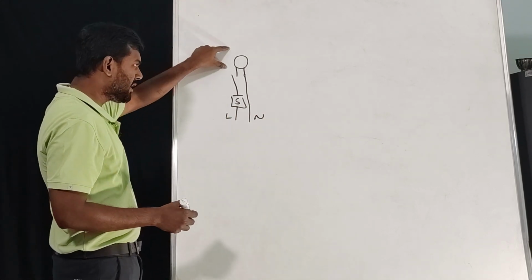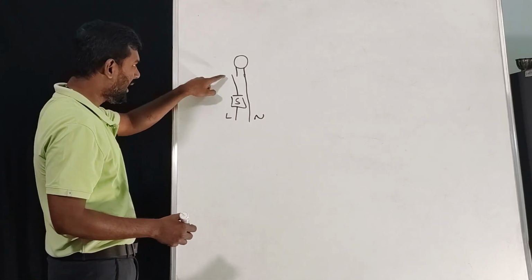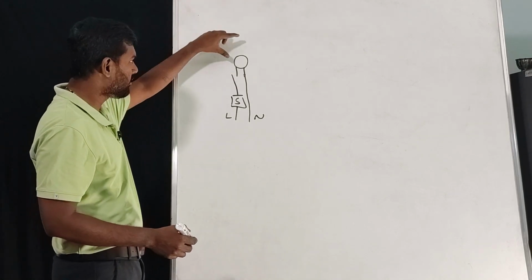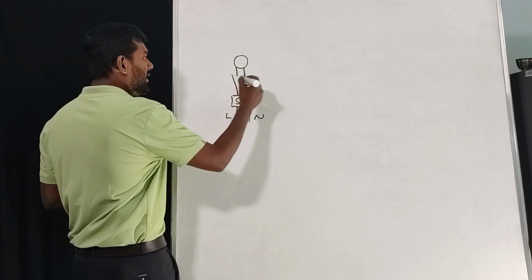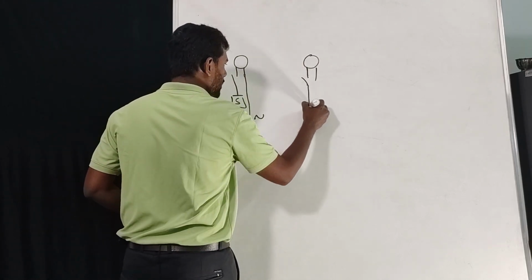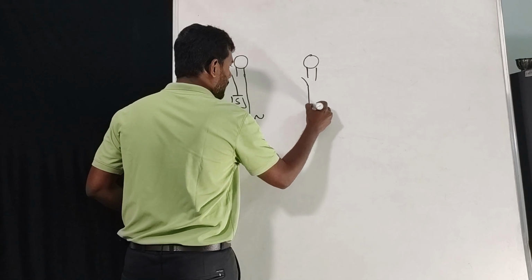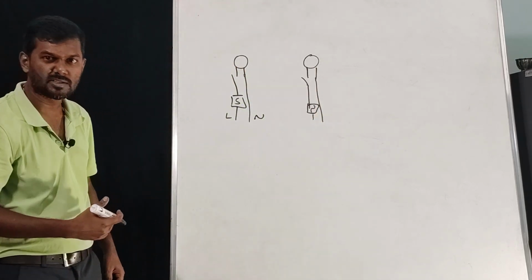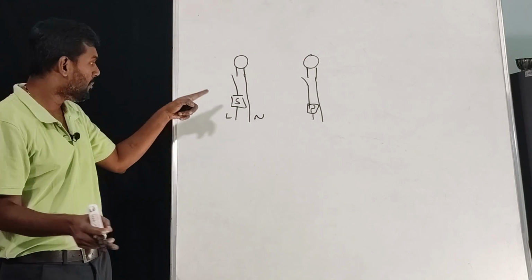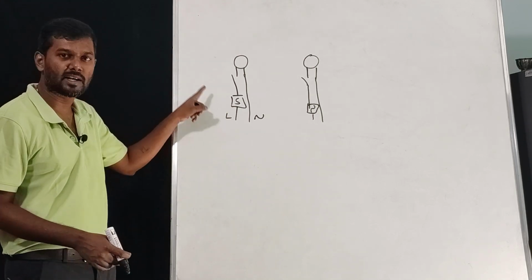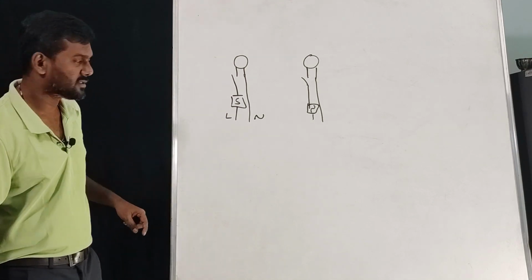You can take one more bulb or any fan, all the different appliances are connected in parallel, but the fuse and the switch are connected in series with the appliance.